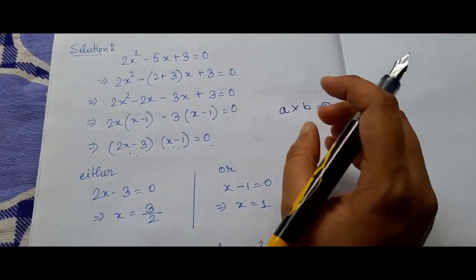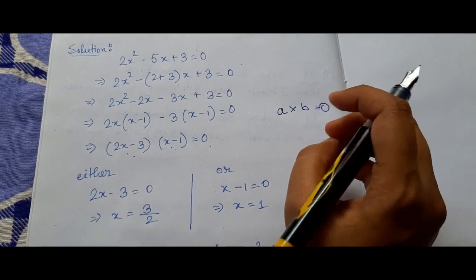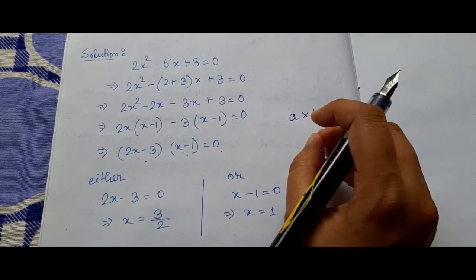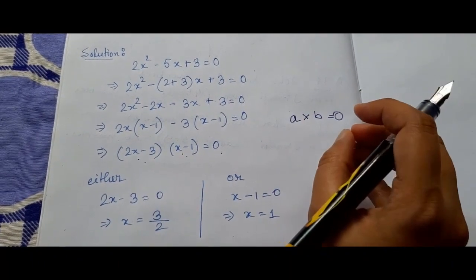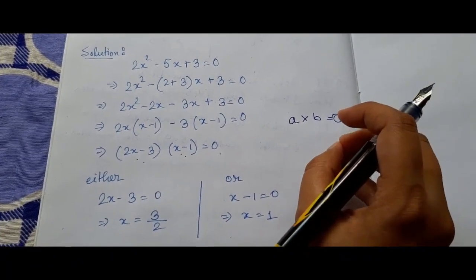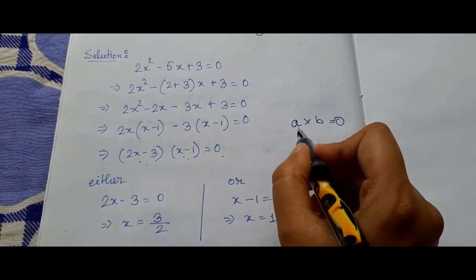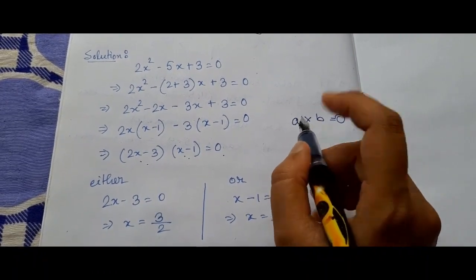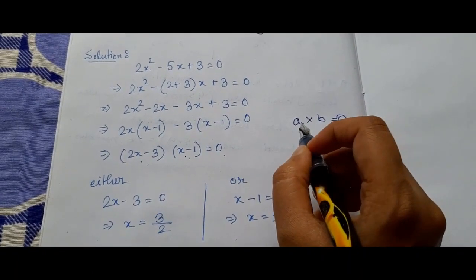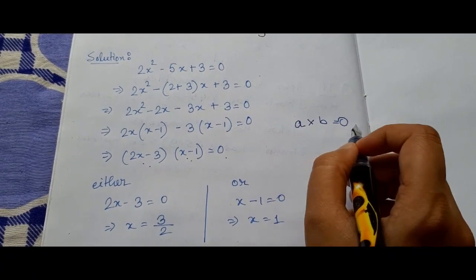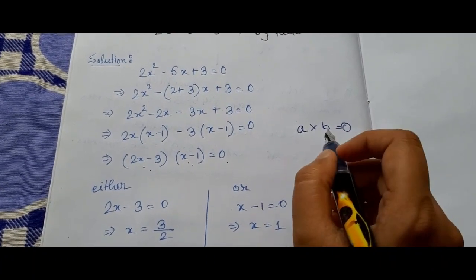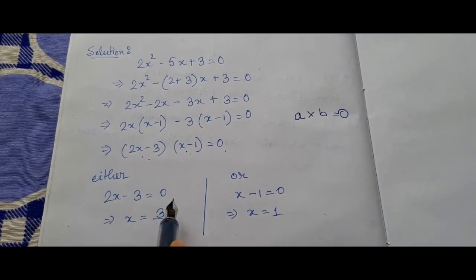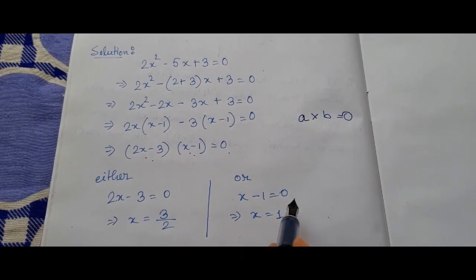If you multiply two non-zero numbers, the result is a non-zero number. So when the product of two numbers is 0, at least one of them must be 0. That's why I have written either 2x − 3 = 0 or x − 1 = 0.